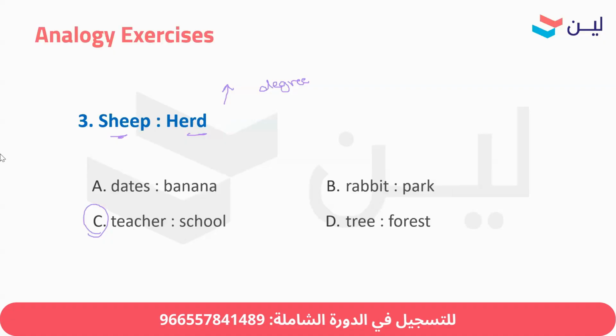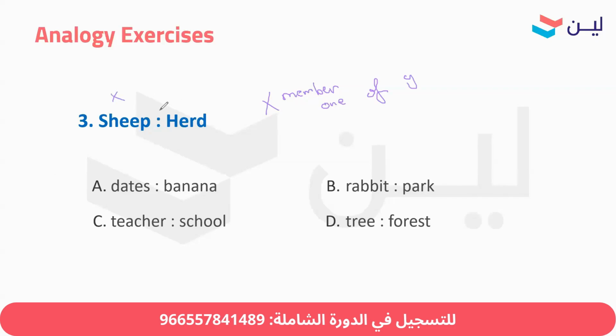Sheep is to herd. What's the type of analogy that we have here? Sheep is a member, we can say, or one of, right? So we can say X is a member of Y. This is another way when you solve.